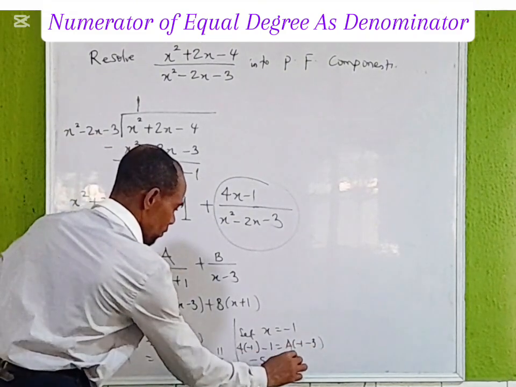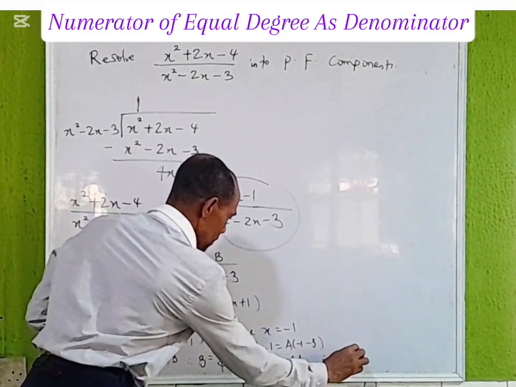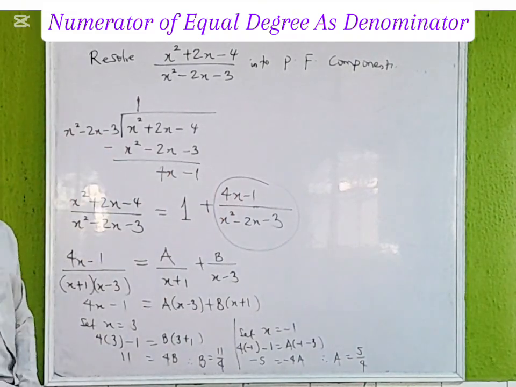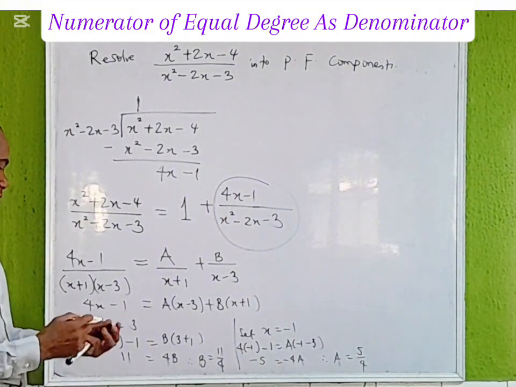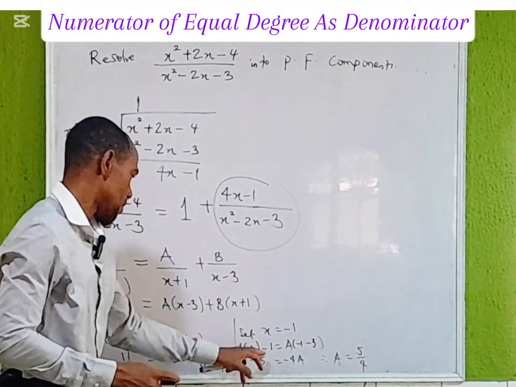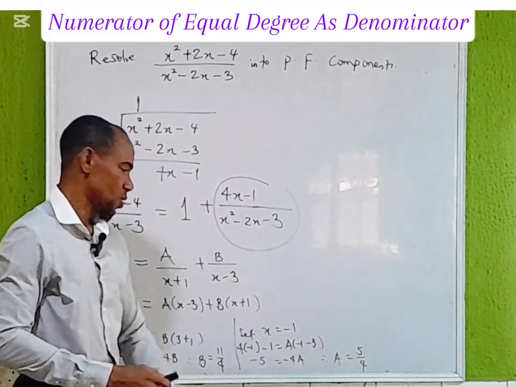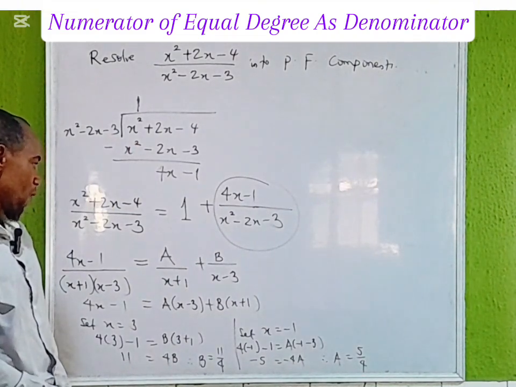The minus 1 minus 3 is minus 4a. This leaves us with a as 5 over 4, because minus 4 minus 1 is minus 5, and minus 1 minus 3 is minus 4. So a is 5 over 4.